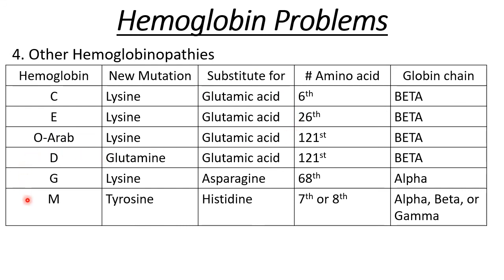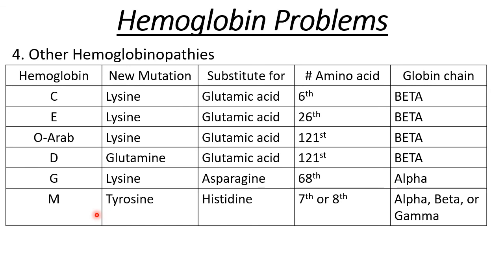The next part naman, yung mga unusual natin, hemoglobin D. Ang nangyayari dyan, glutamine will substitute your glutamic acid at 121st beta. Hemoglobin G, si lysine will substitute your asparagine at the 68th of the alpha globin chain.